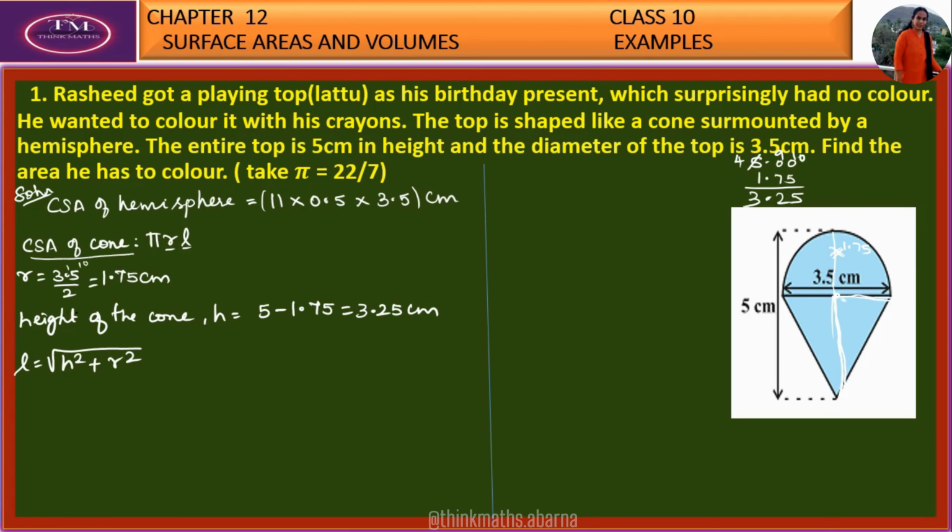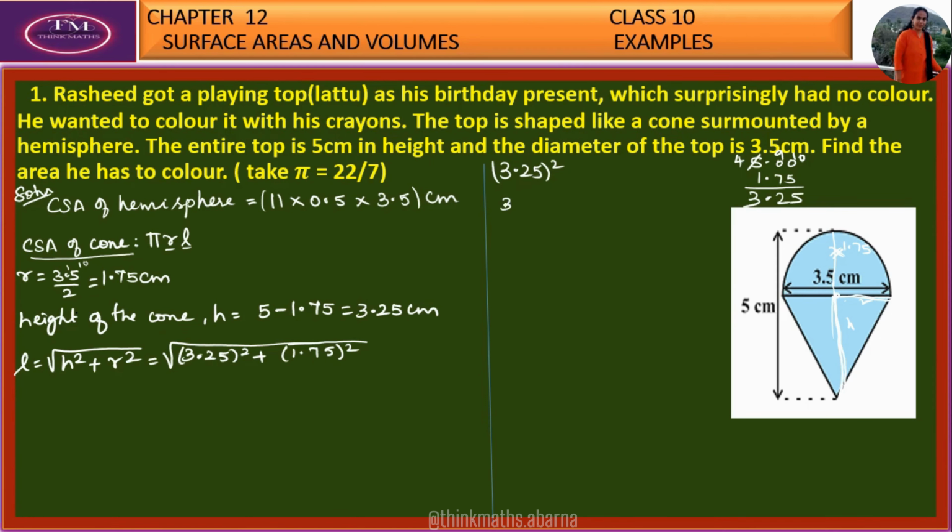As this makes a right angle, the slant height is the square root of h square plus r square. So what is h? h is 3.25 whole square plus what is the radius? Radius is 1.75 whole square. Now we have to find out the value of 3.25 whole square.